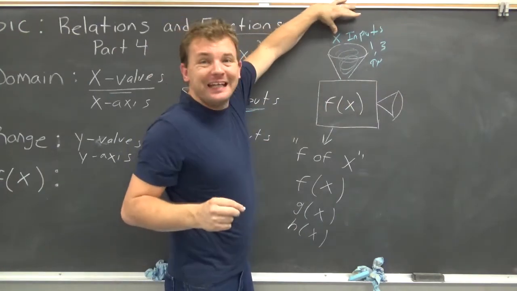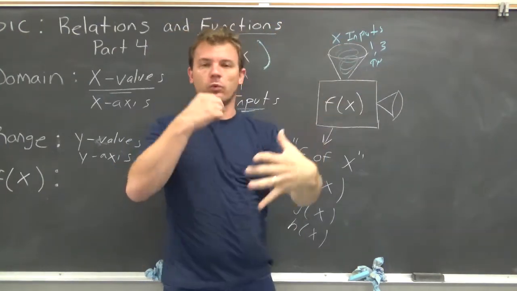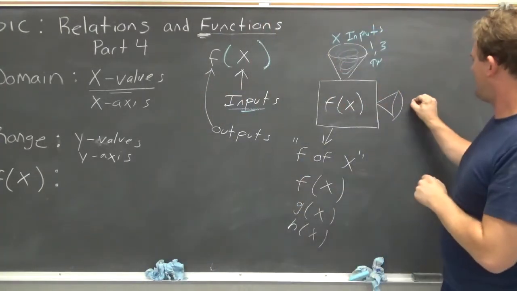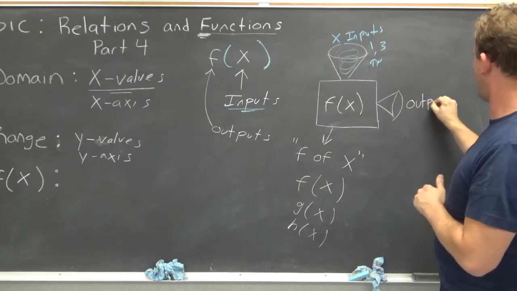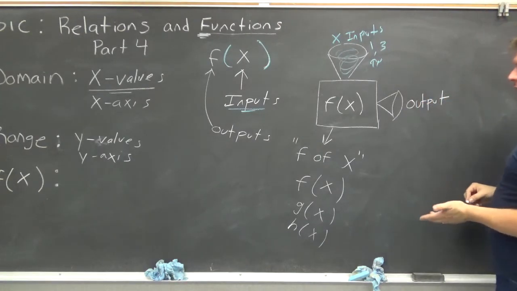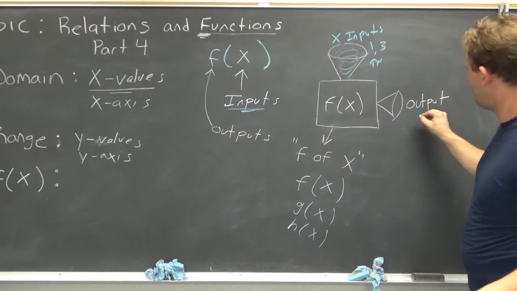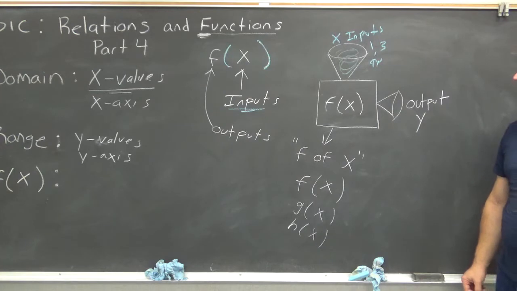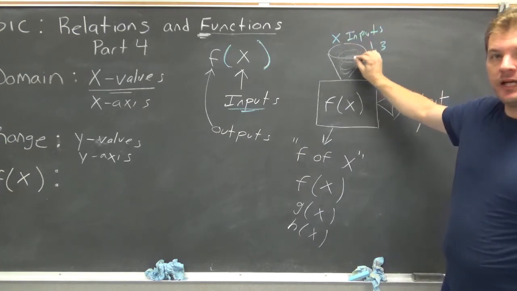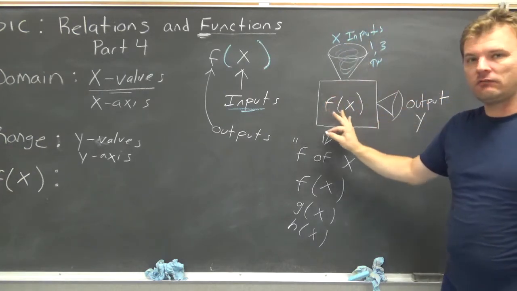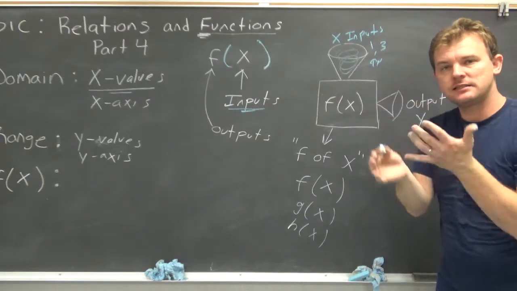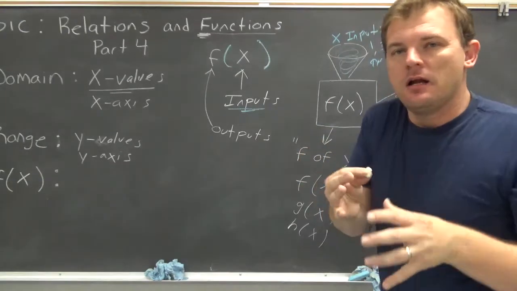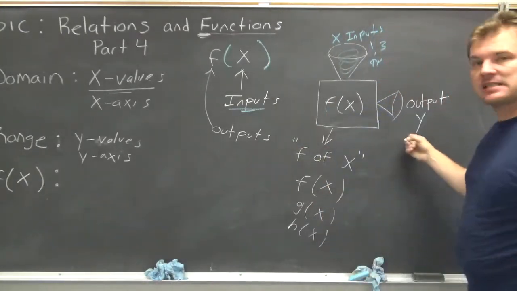So you put something in, the function works its magic, and then you get what we call an output, which is what we call our y. You put something in, the function's gears are turning, it's being smashed, it's working the thing that you put into it, and something comes out of it.